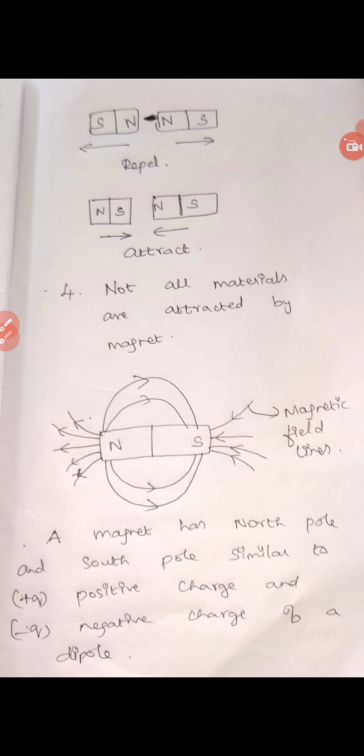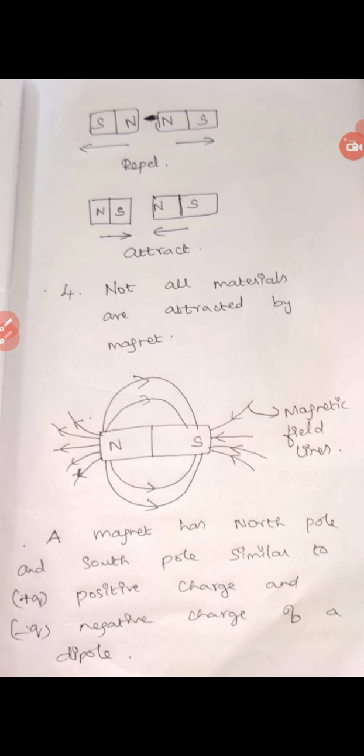The next important thing is, a magnet has north and south poles similar to the positive and negative charges of a dipole. You have already known about the dipole, right? An electric dipole consists of positive and negative charges separated by a distance 2a. You have already seen this in the current electricity chapter.